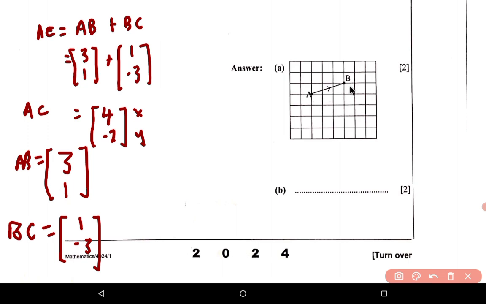So first of all, A to B, so B to C. Since we have the point A, now let's see if we can get the coordinates for the point C. To find C, what we can simply do is this.